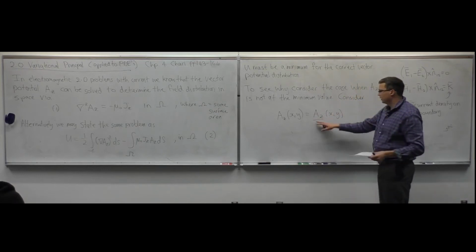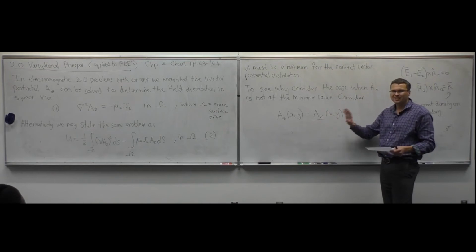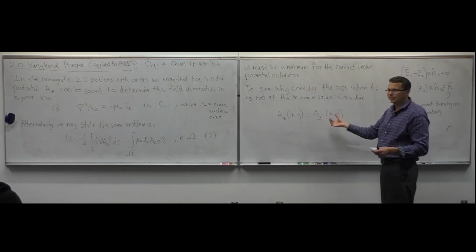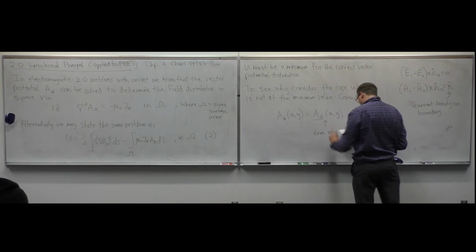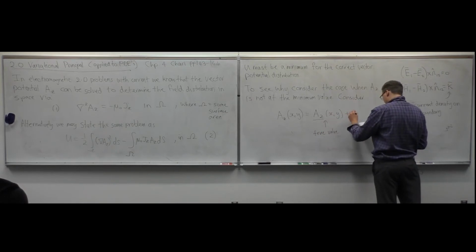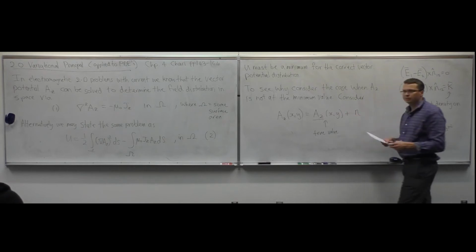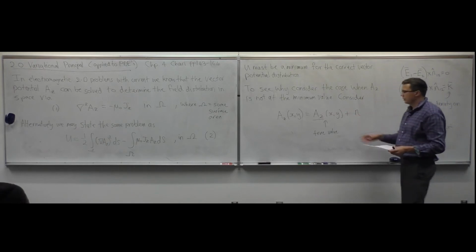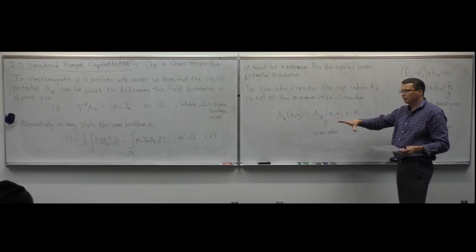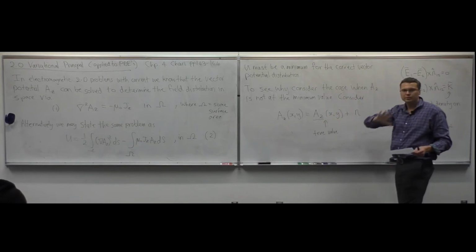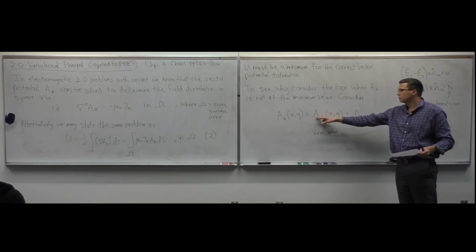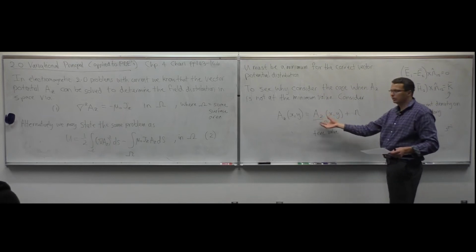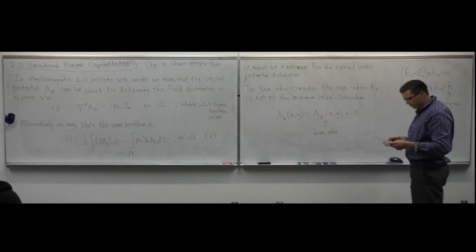So let's say that this, I'm going to put an underline under here to denote that's the correct answer. That's the answer, so this is the true value. But let's say that we add a deviation from the true value. Again, this AZ would have different values all over the surface, but in this discussion I'm just going to write it as one variable AZ, because it starts to look complicated otherwise.